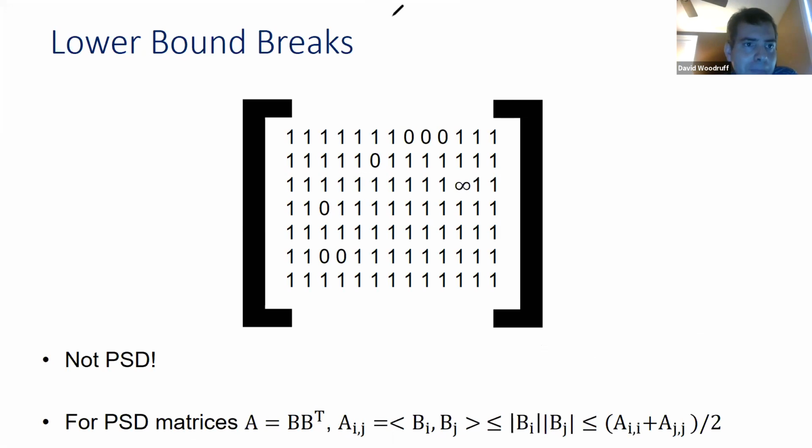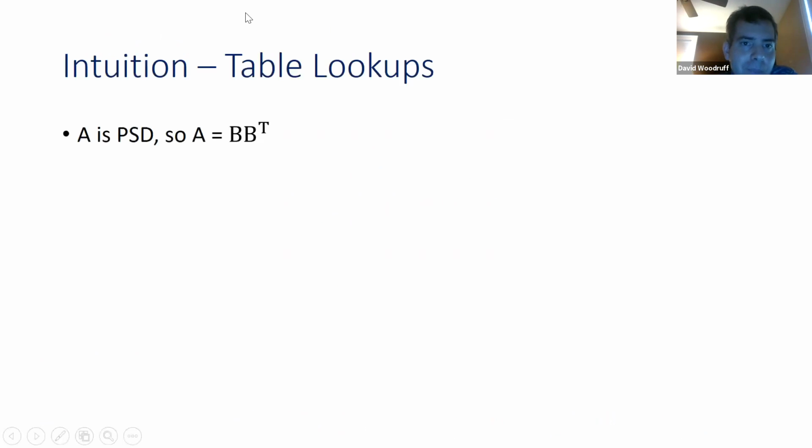Okay. There's a question in the chat box. Yeah, you can just argue directly by principal minors. Sure, yeah. But I want to say this as a sort of highlight here that the diagonal is going to play a very important role for our algorithms.